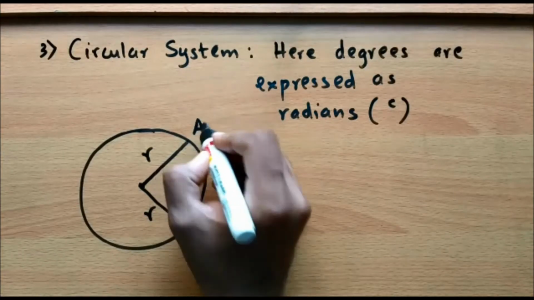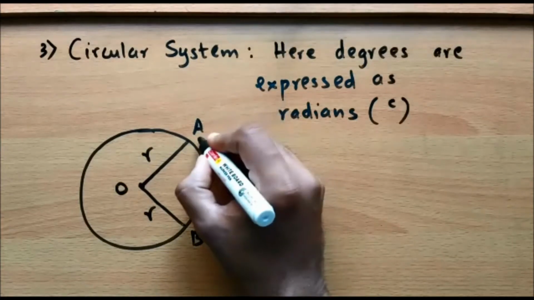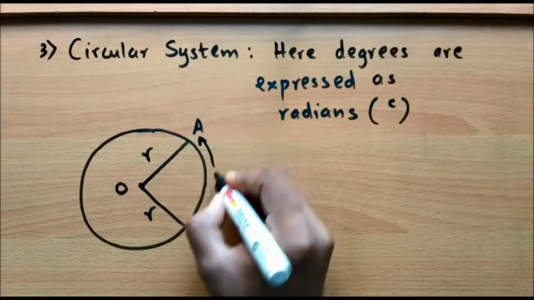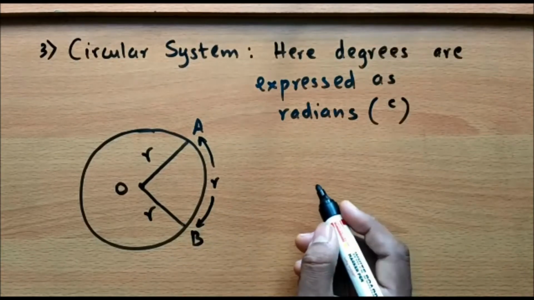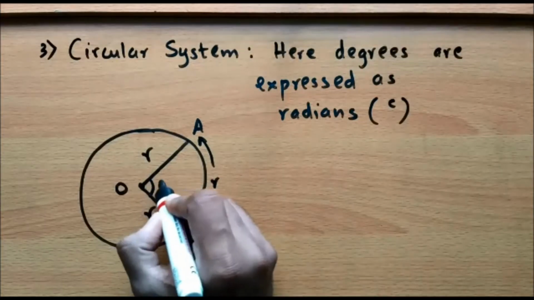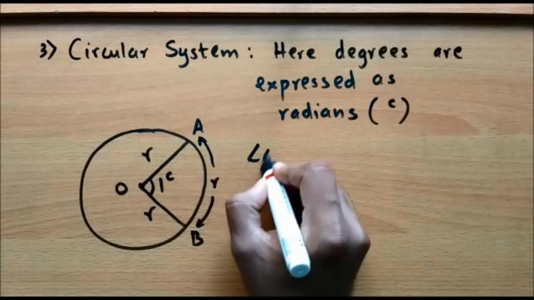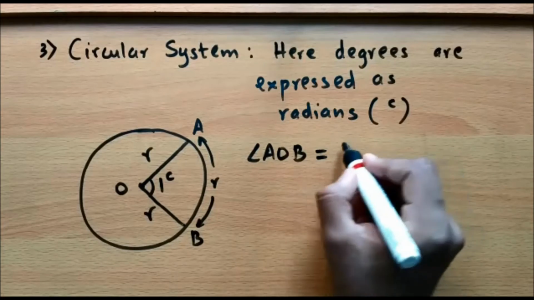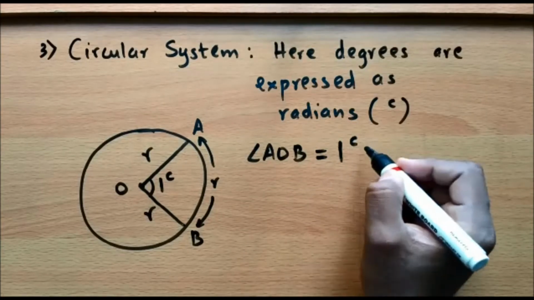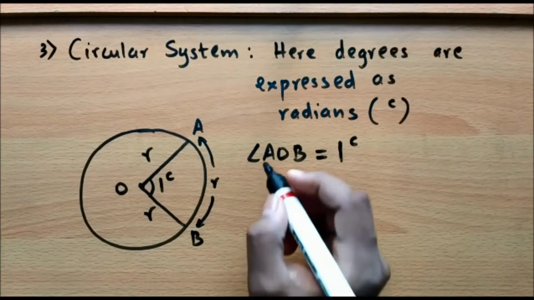Let's name the angle A, O and B. Now if the length of arc AB equals the radius, then the angle at the center is defined to be 1 radian. So we say angle AOB is equal to 1 radian. Simple, isn't it? So that's the circular system.